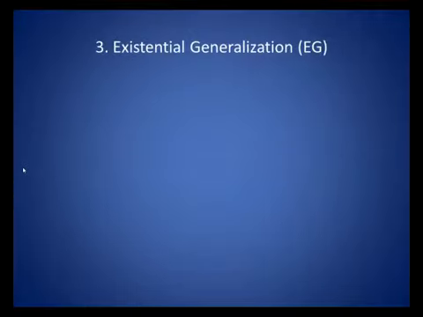Moving on, let's look at existential generalization. Existential generalization, much like universal generalization, involves adding a quantifier. However, as you might guess, in this case, instead of adding a universal quantifier, we're going to add an existential quantifier.